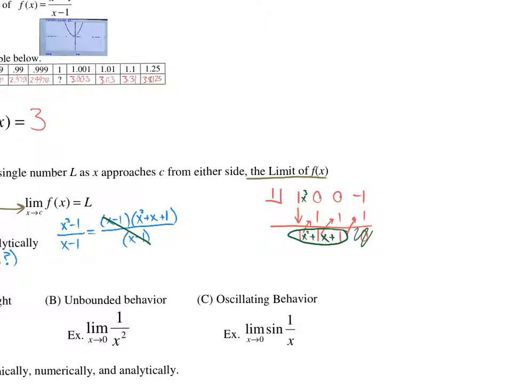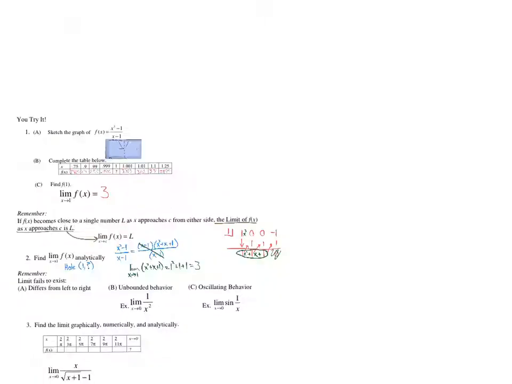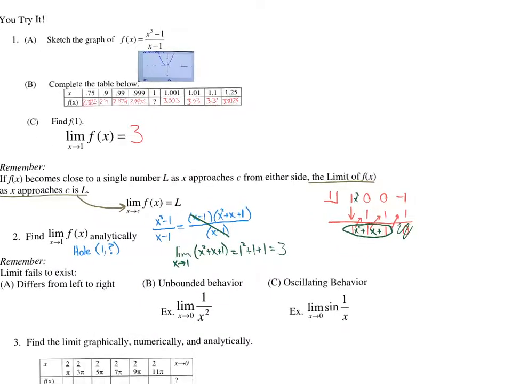And now, if I want to find the limit as x approaches 1 of what's left over, I can just plug that in because the hole is now gone. So I have 1 squared plus 1 plus 1, which is 3. And now, analytically, I know that the limit equals 3.